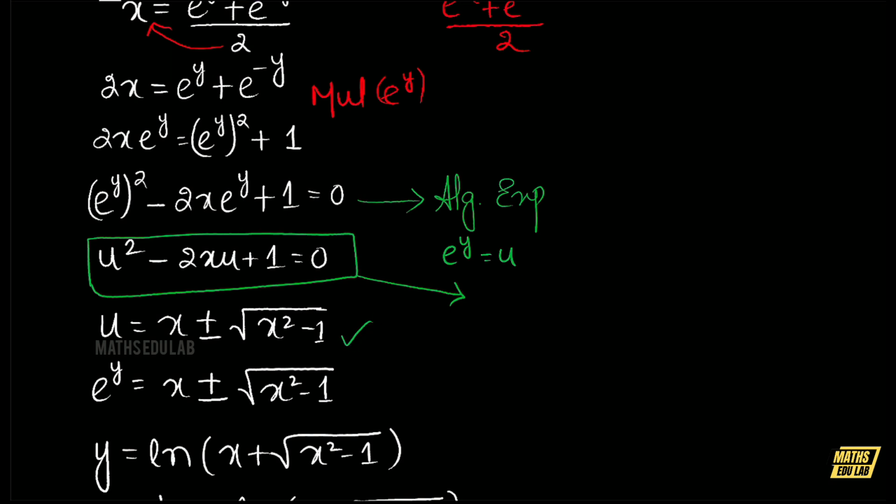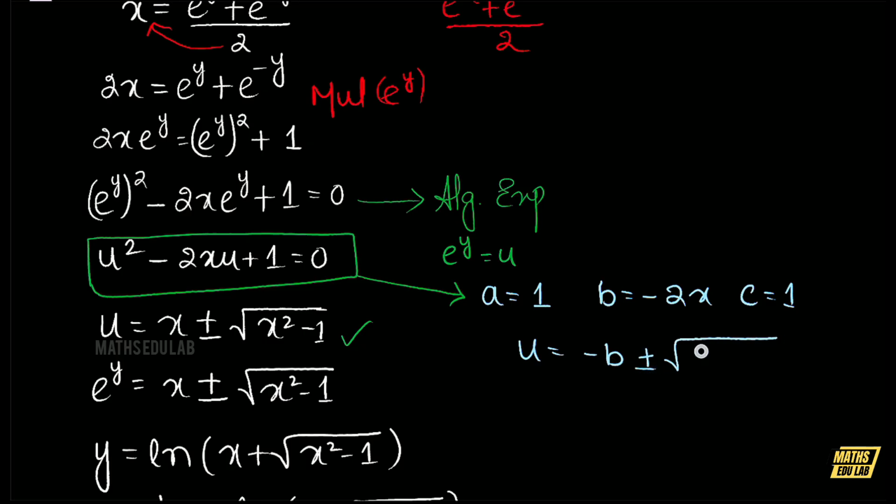If you see here, a is 1, b is minus 2x, and c is 1. So the formula is u is equal to minus b plus or minus root over b square minus 4ac upon 2a.